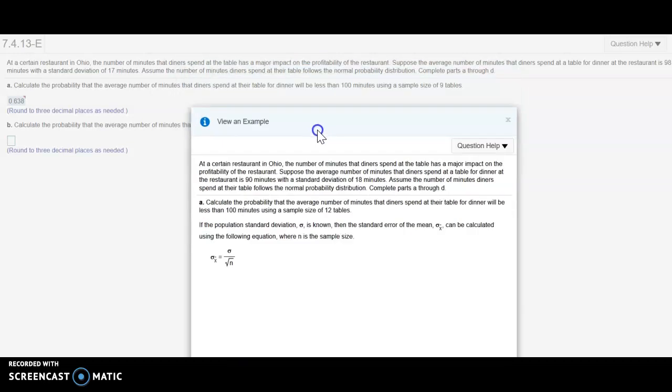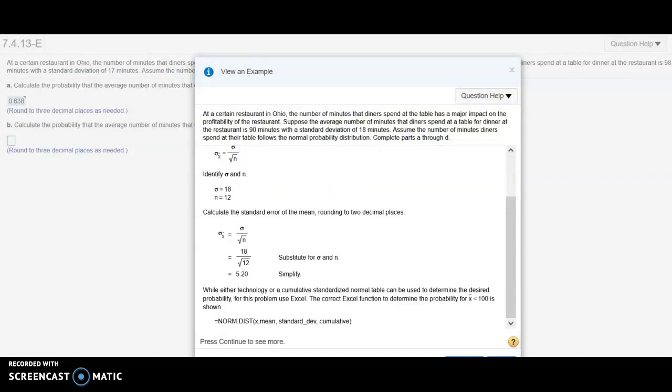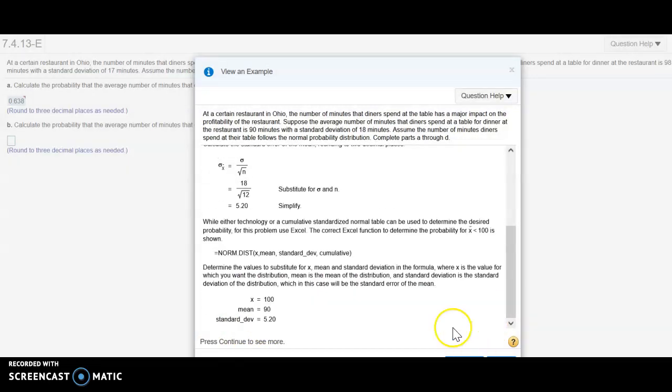And we are given the standard deviation, I believe. Yes, so we have to find the standard error of the mean. Okay. And then once you find the standard error of the mean, you're going to plug that into your formula, and that's going to be your standard deviation for your problem.